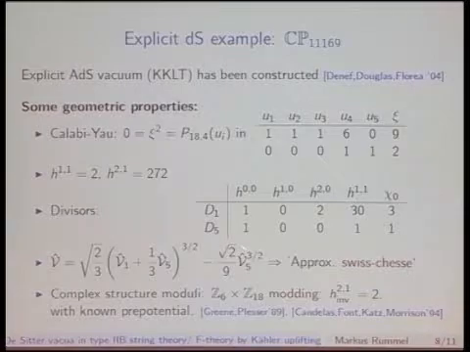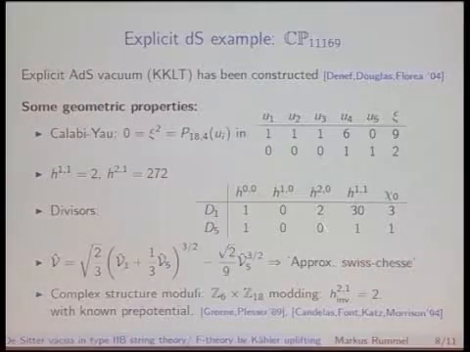And the divisors we want to use to stabilize are D1 and D5, which have these Hodge numbers. So you see that D5 fulfills a sufficient condition to carry a non-perturbative contribution because these two are 0, this is 1. D1 doesn't, but we can use gauge flux to turn this down to 0, so effectively make this divisor rigid.